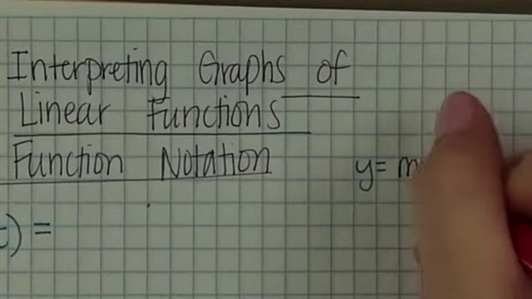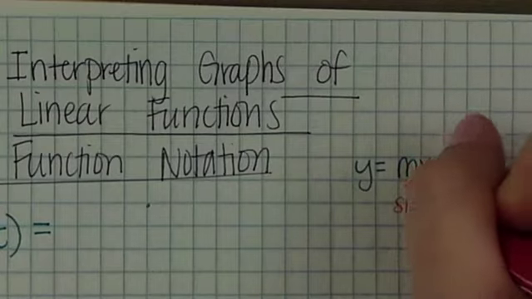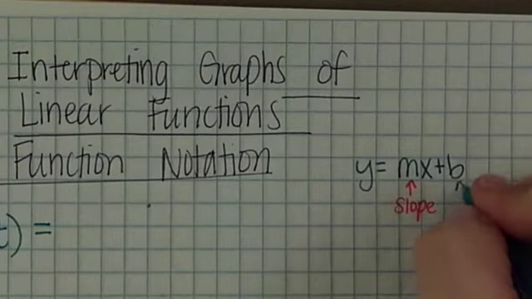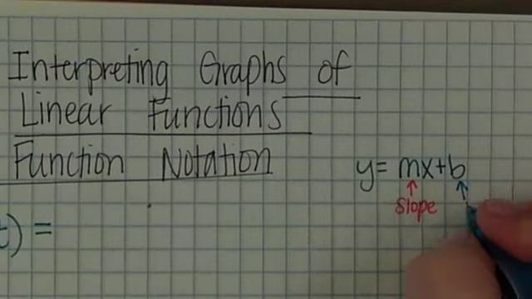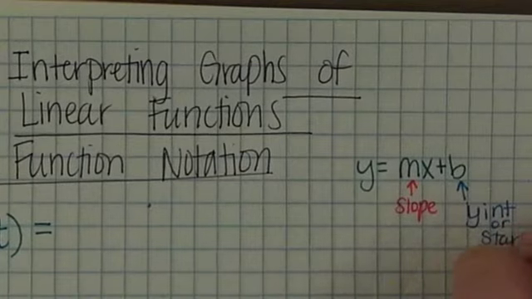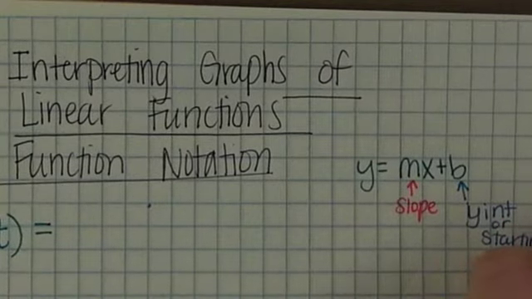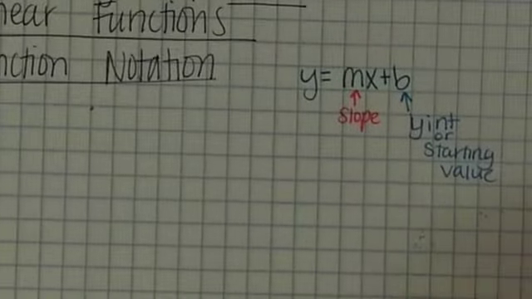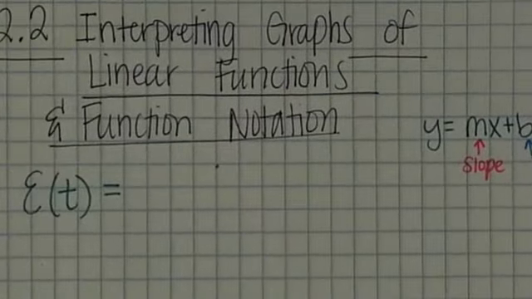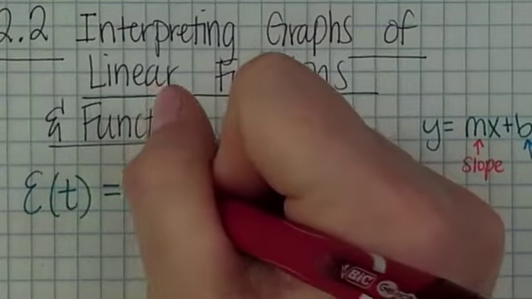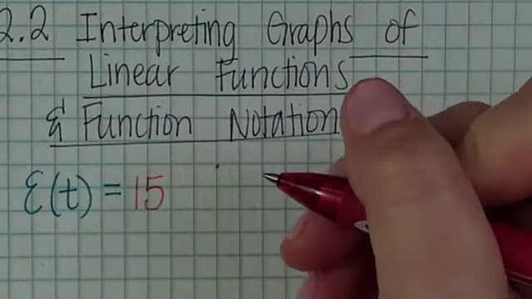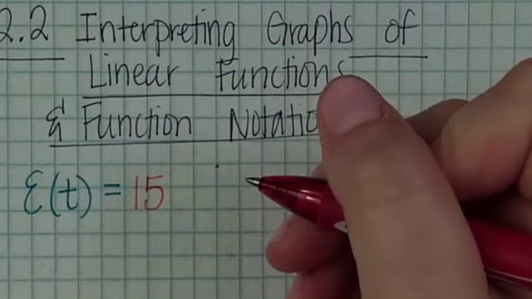Remember, the m is our slope. The b is our y-intercept, or starting value, or initial value, or whatever you remember best. So our slope, we just found it as $15 per shirt, so it's 15 per shirt.